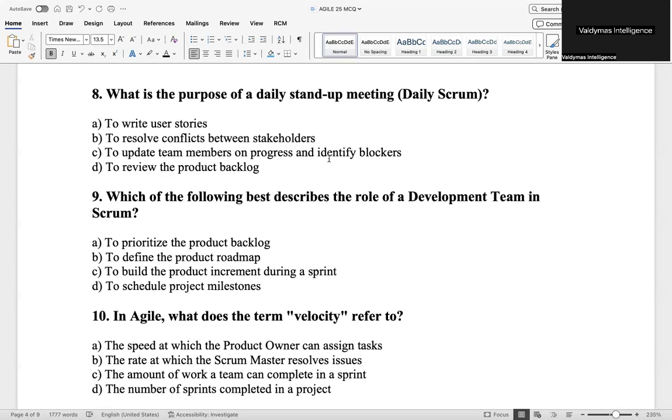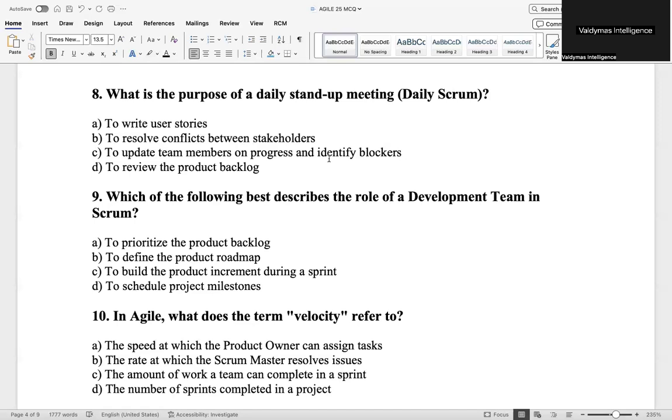B, to define the product roadmap, is also the work of the product owner, because the roadmap helps with backlog creation. D, to schedule project milestones: who schedules project milestones? Scrum Master. Anything that looks like project management, in an advanced form, is automatically the Scrum Master.